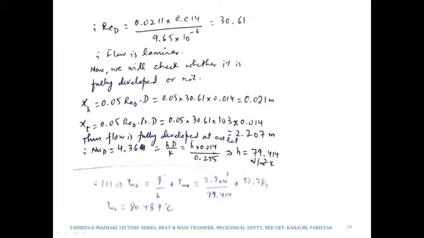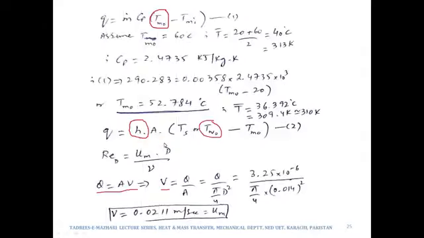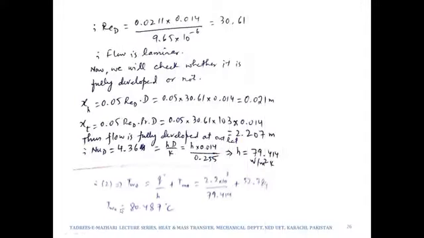So we will get h as 79, and if we put this h in this particular equation, we will get the outlet temperature at the surface as 80.4 degrees Celsius. So the temperature of the wall would vary, and at the outlet its temperature would be 80.4 degrees Celsius, and also the temperature of the fluid will vary.